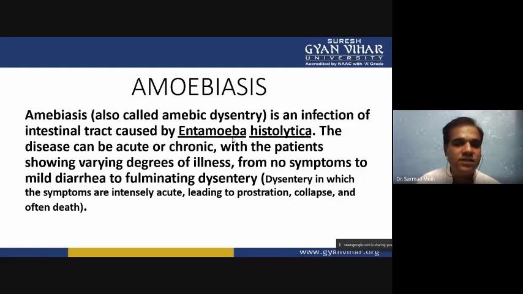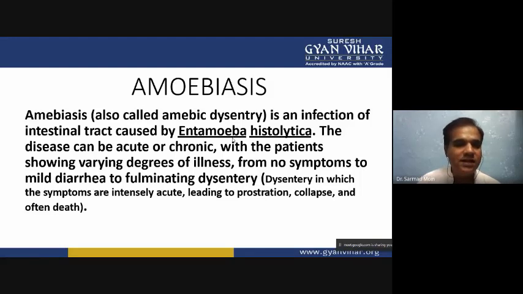It is an infection of the intestinal tract that occurs when we eat uncooked material or drink contaminated water. If the contaminated food and water contain amoeba and amoeba cysts or spores, then we get the intestinal infection of Entamoeba, and the infected patient will have amebic dysentery.